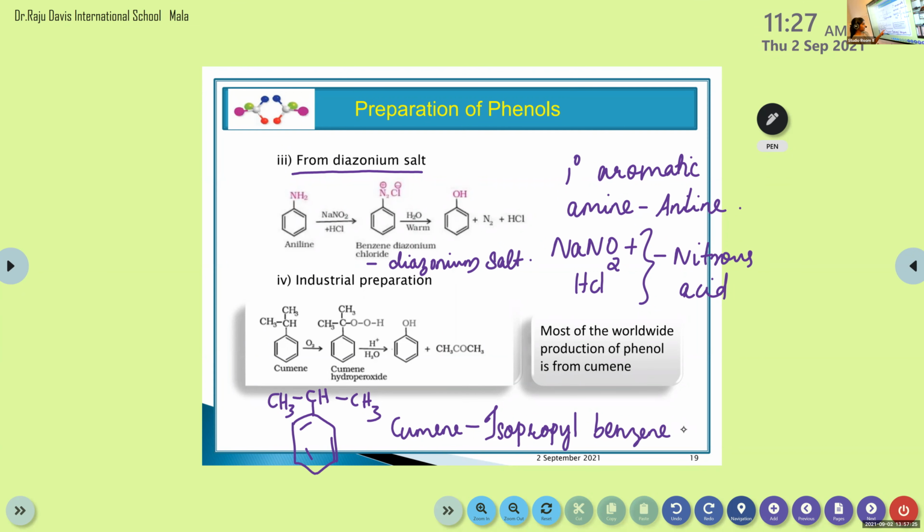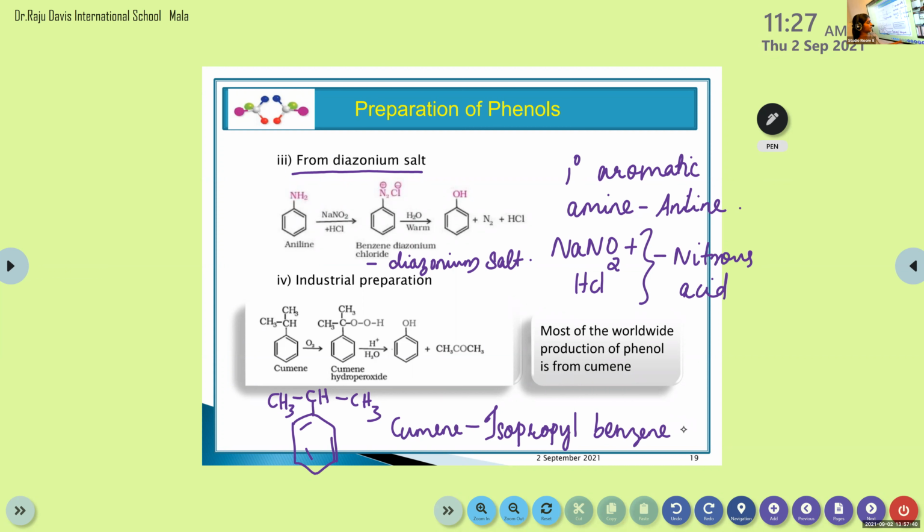Here there is one propane group and the middle carbon is substituted by this benzene, right? That's why it is isopropyl benzene. Its common name is cumene.